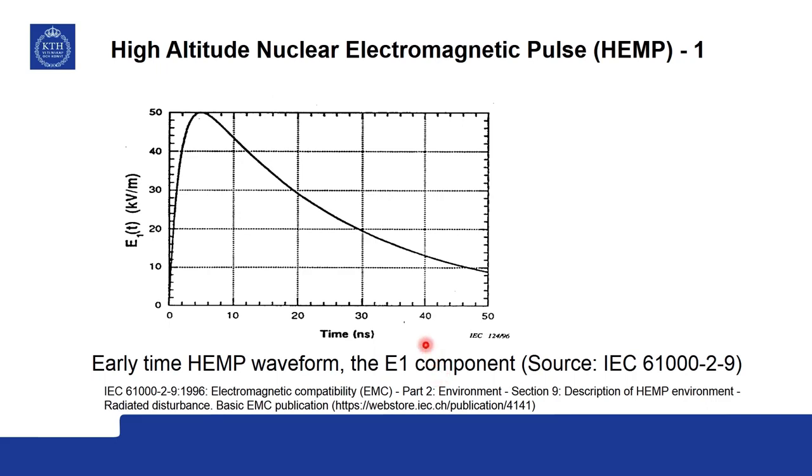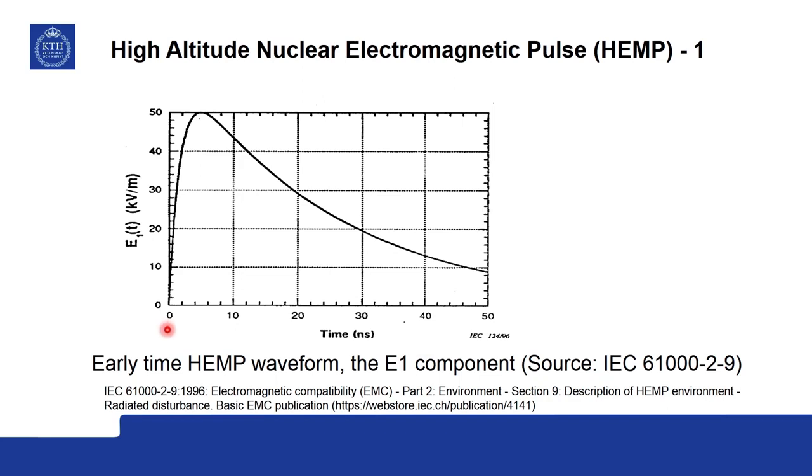For example, high altitude nuclear electromagnetic pulse. Many of the critical systems in several countries are designed to withstand high altitude nuclear electromagnetic pulse, such as critical command and control systems of military and, in some cases, civilian systems.